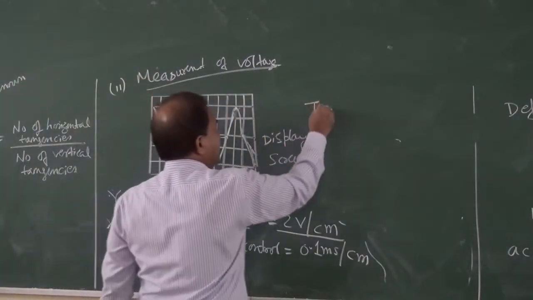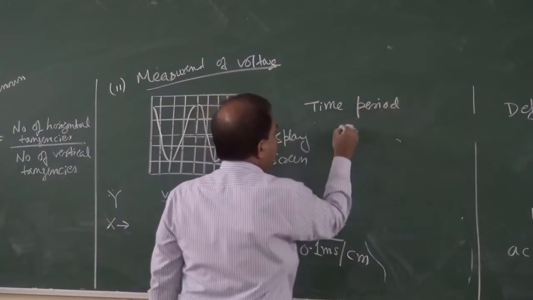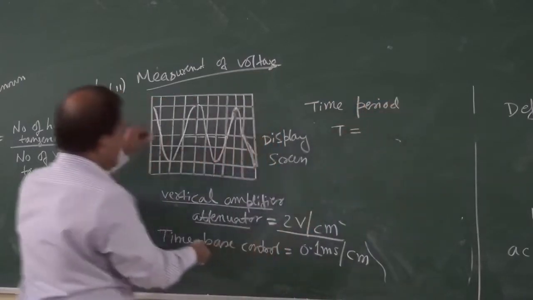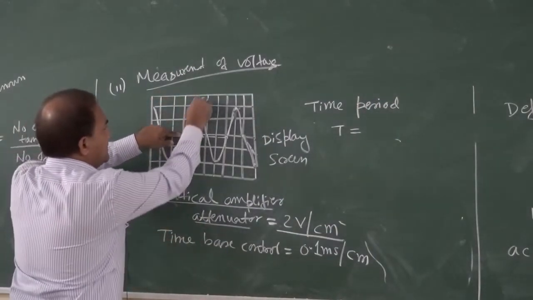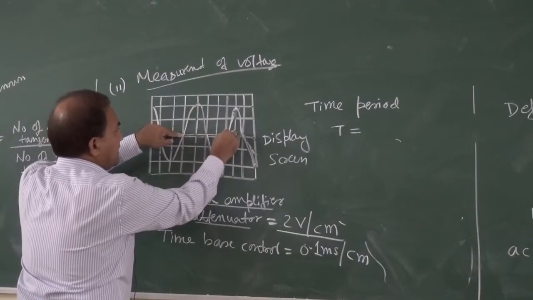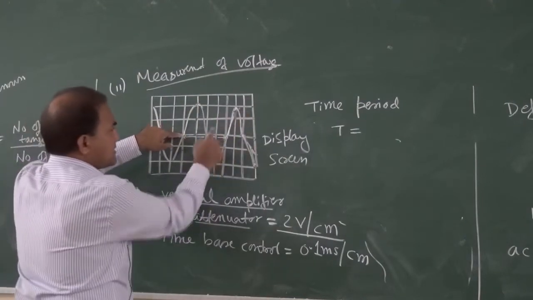Time period T is equal to this. We have to count 1. This is repeating, you can see this again. So this is one time period. Again this is repeating. So this is one time period.